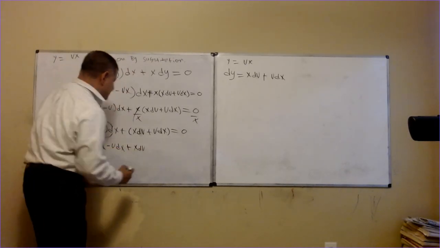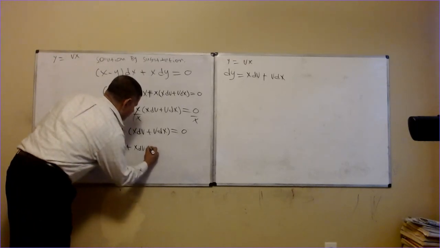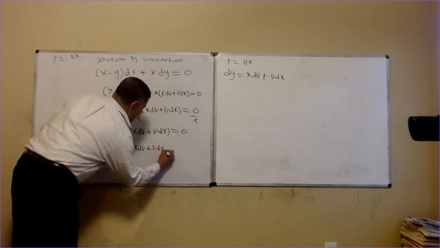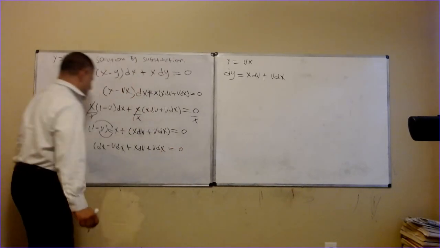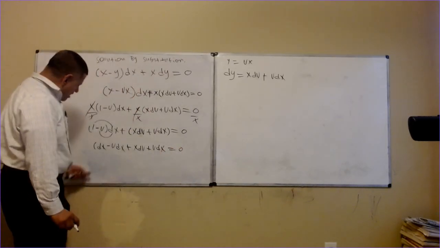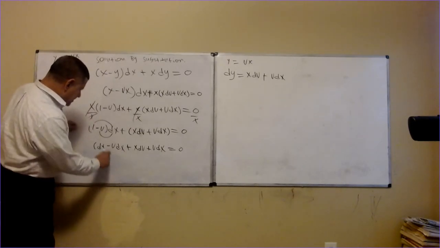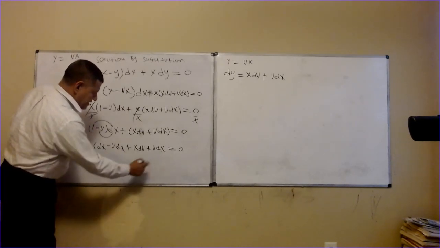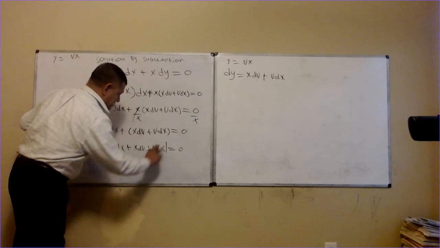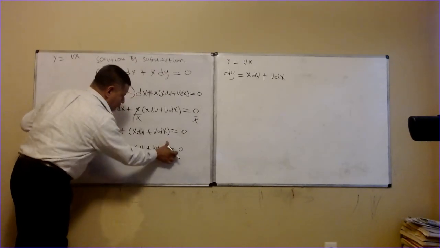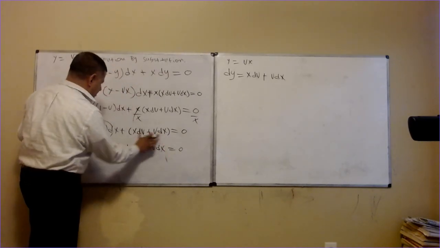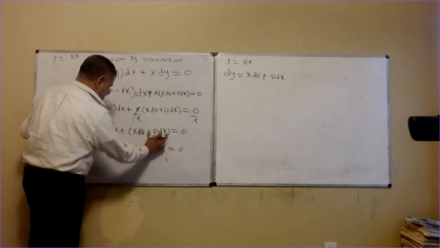Plus x dv plus v dx is equal to 0, right? Now, as you can see, this right here, I don't have to put parentheses around it because it's already one piece.